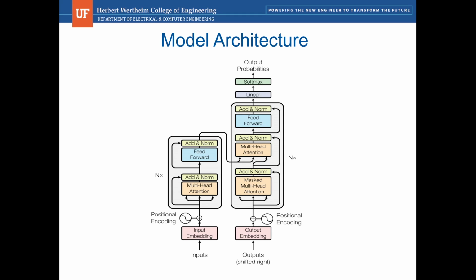Okay, so let's explain the transformer model architecture. Say we want to train this architecture to convert English to French. The transformer consists of two key components. The left is the encoder and the right is the decoder.